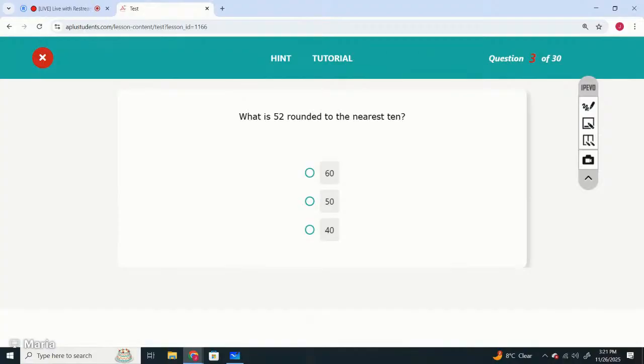So 52 is rounded to 50. Very good. Option number 2 is the correct option.